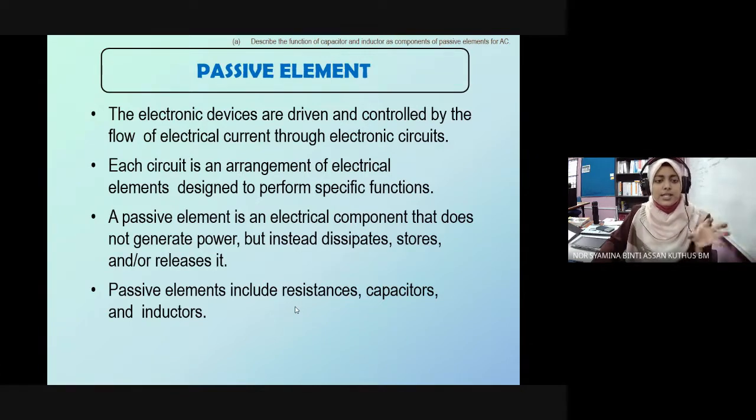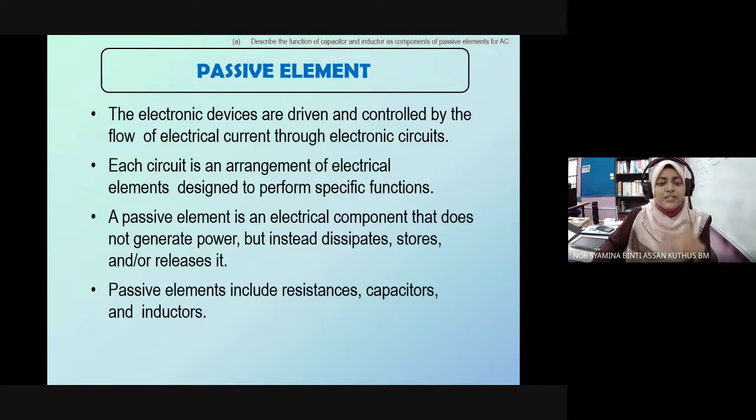So setiap satu elemen itu ada function dia yang tersendiri. Current just flows through the passive element. Then the passive element will have to either dissipate, simpan, restrict ataupun store or release those current and those energy. So those are, as a general, the function of passive element.